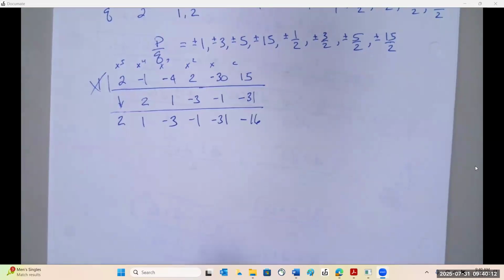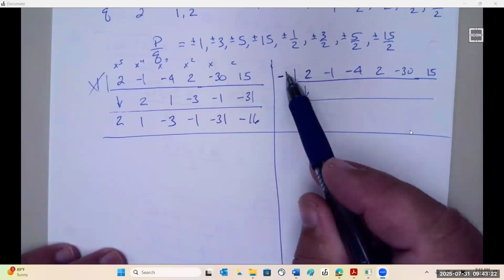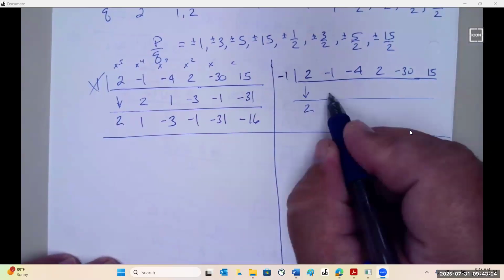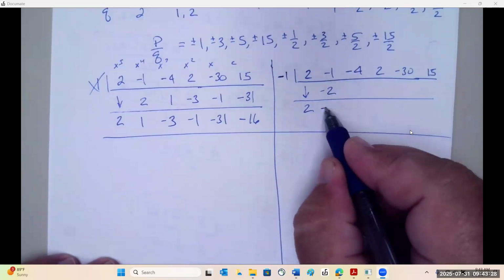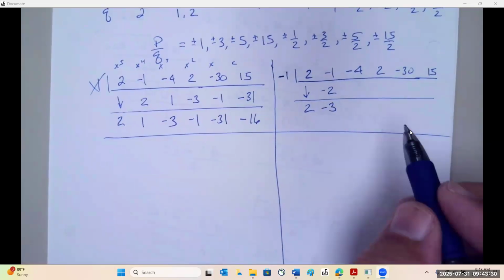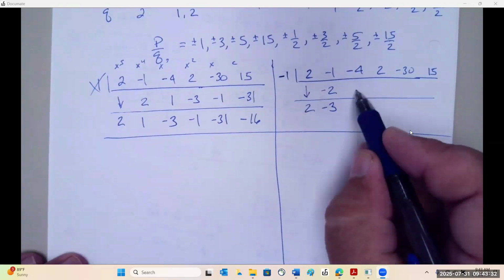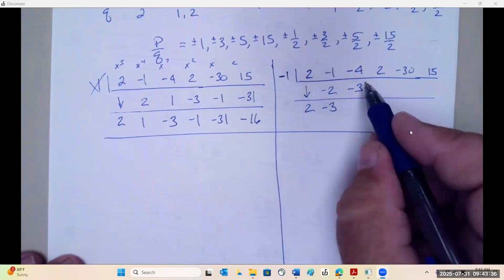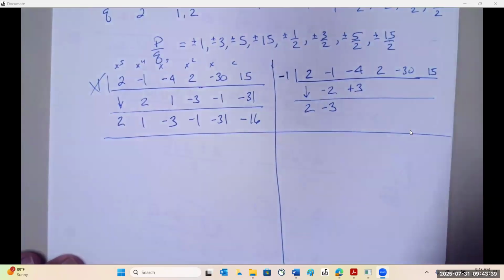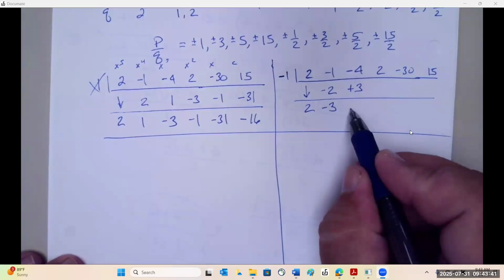Do the negative 1 also. I'll put it on pause and let you guys do negative 1. Negative 1 times 2 is negative 2. Negative 2 plus negative 1 is negative 3. Negative 1 times negative 3 is positive 3. Negative 4 plus 3 is negative 1.